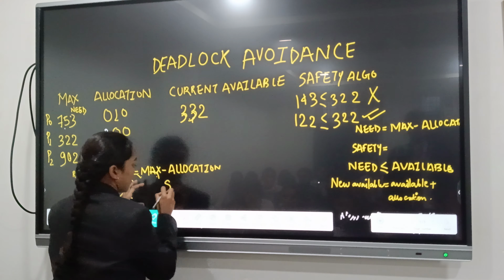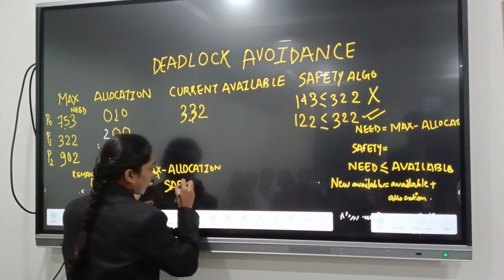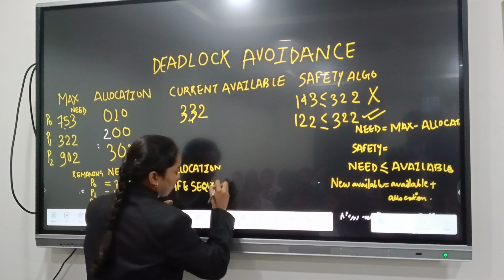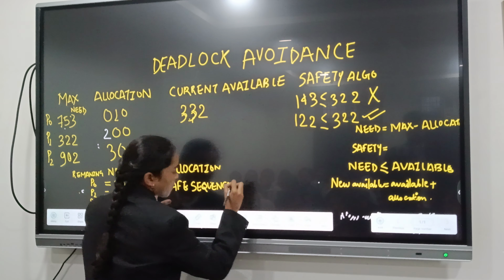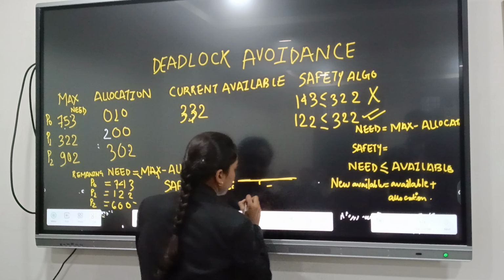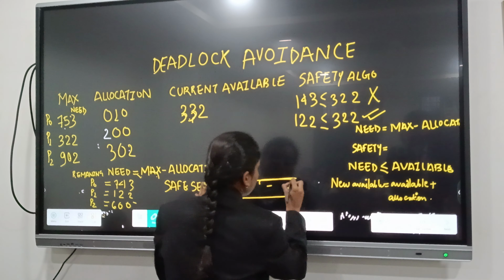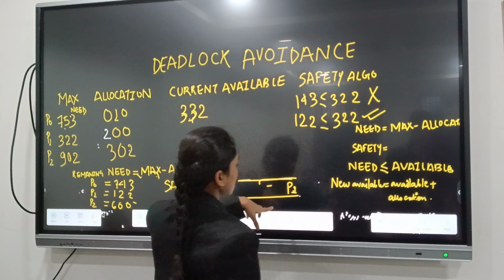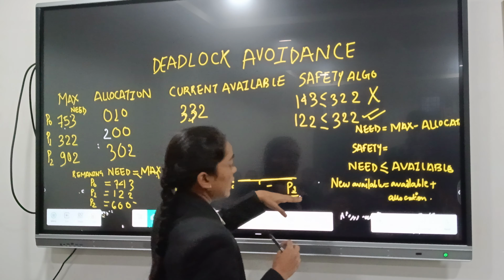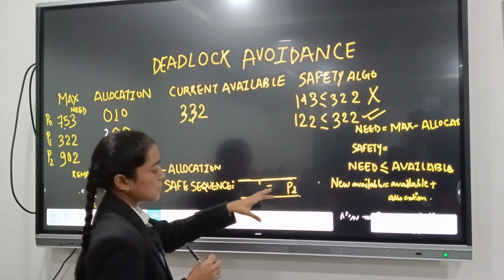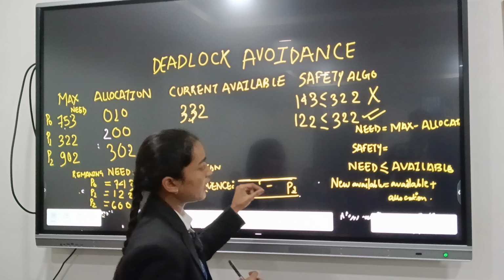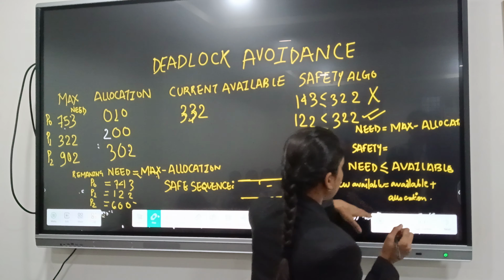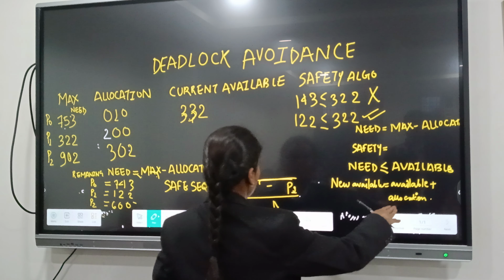So here I would like to make the safe sequence. Firstly, process P1 will be in the safe sequence, and when process P1 is in the safe sequence, it will release the resources it is holding, and for this process we will define the new available, which is available plus allocation.